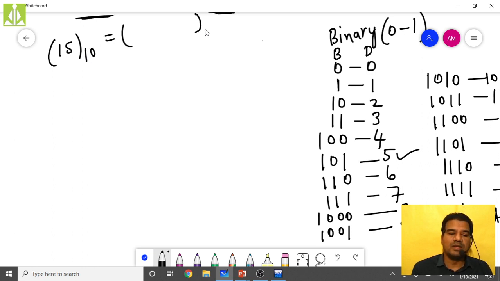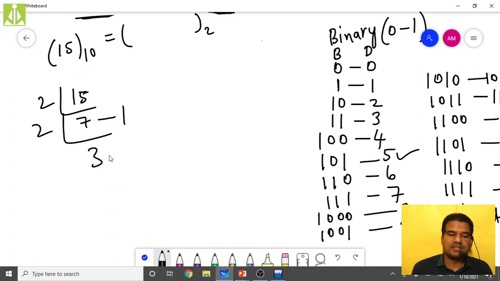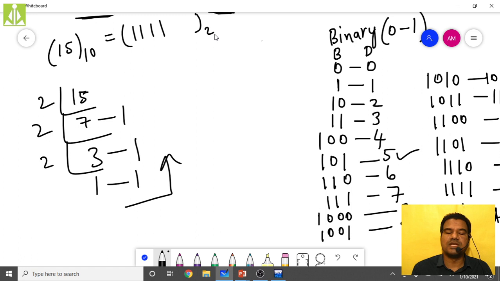Take 15 and start taking the LCM with 2. 2 7's 14, remainder 1. 2 3's 6, remainder 1. 2 1's, remainder 1. So 15 in decimal can be represented with 4 ones in binary.